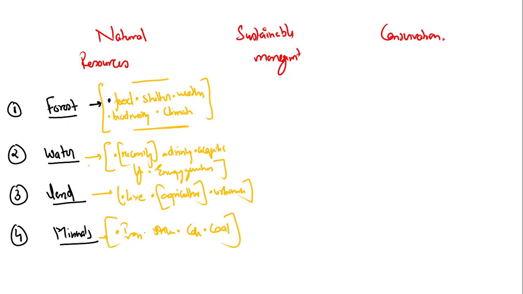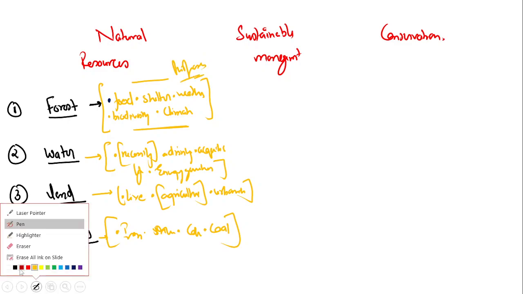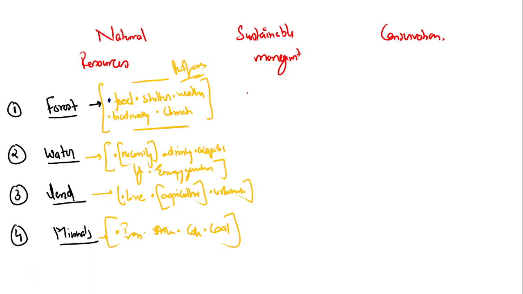So these are all natural resources which we have. Now we exploit them for these purposes, but we have to use them sustainably. Sustainable use of these resources should happen.